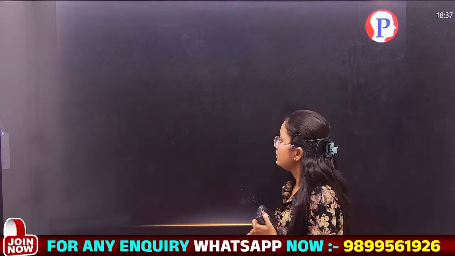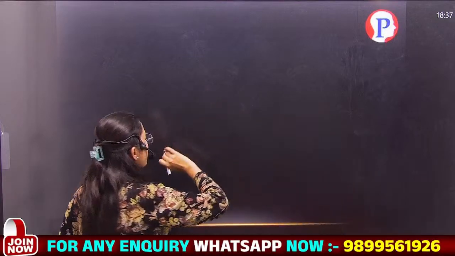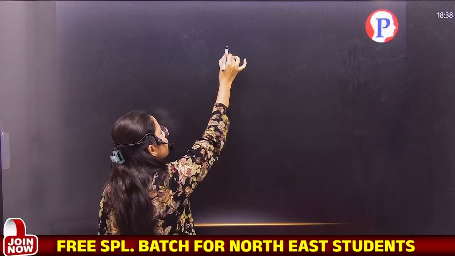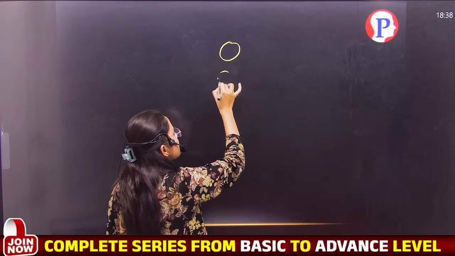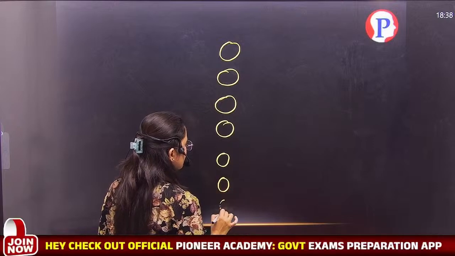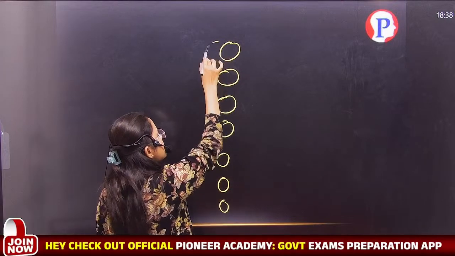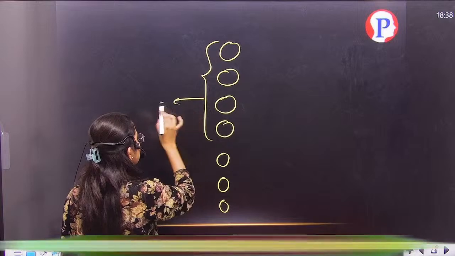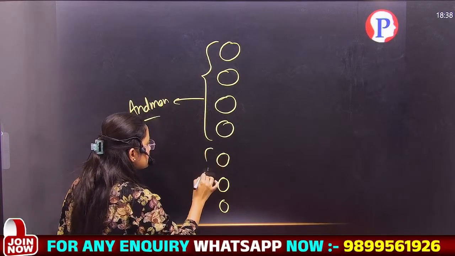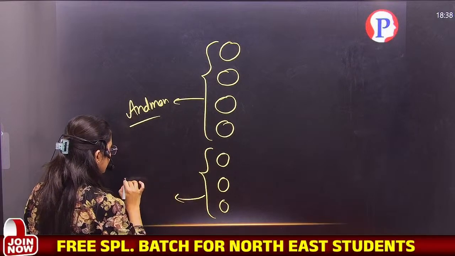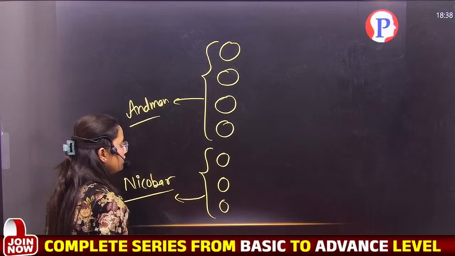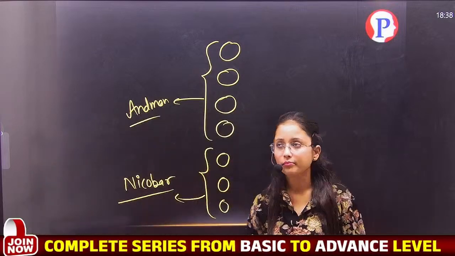Now we will talk about only 7 islands of Andaman and Nicobar. First one, then second, third, fourth, fifth, sixth, and seventh. First of all, these 4 islands are called Andaman, and these 3 islands are called Nicobar. So what are their names?